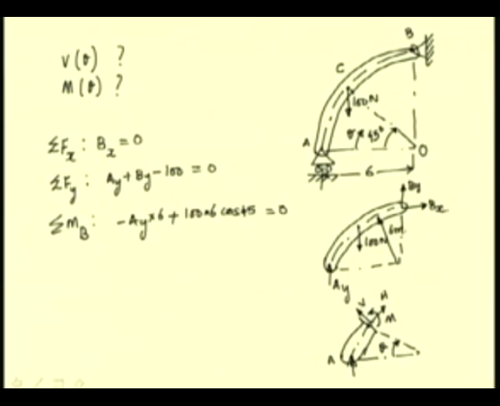V is radial and H is along the tangent of the axis of the beam, because this is a circular arc, and M is the moment of all these internal forces.